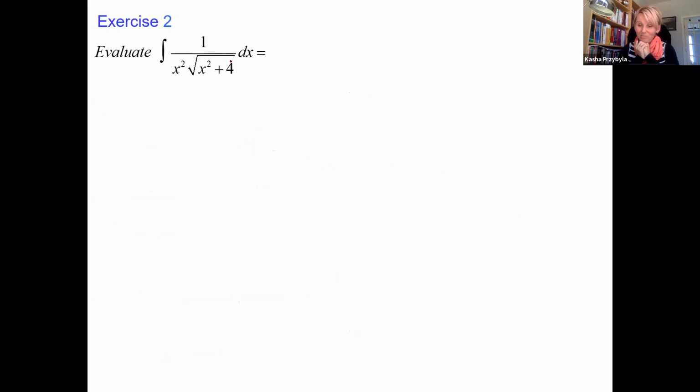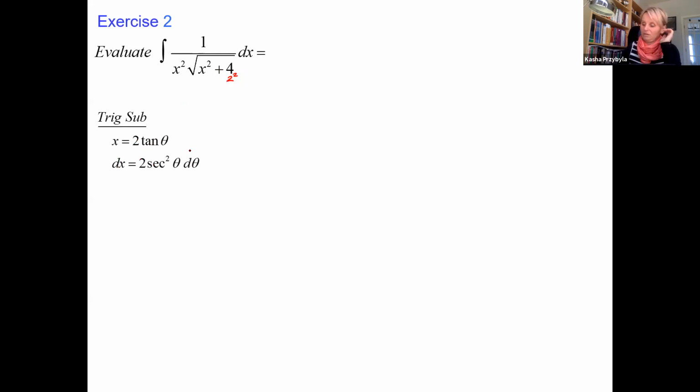It will be tangent, but what coefficient goes in front of the tangent? We have to put 2. So x is 2 tangent theta, based on the formula, and then dx will be 2 secant squared theta d theta.